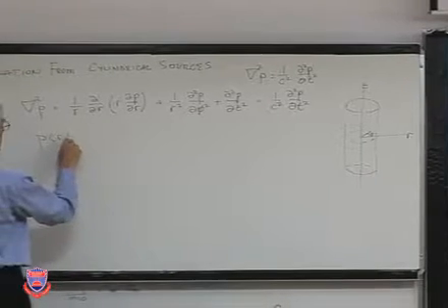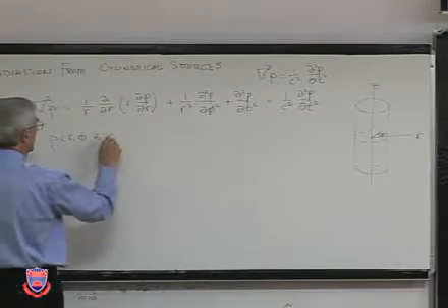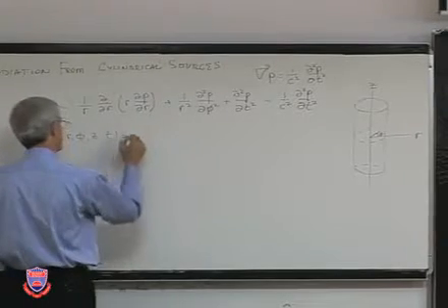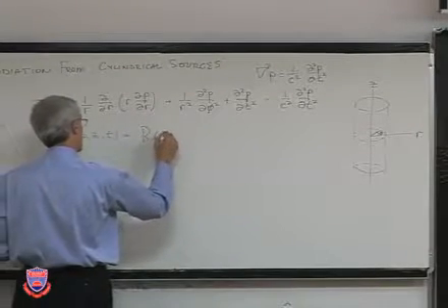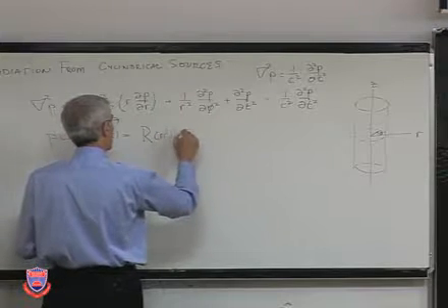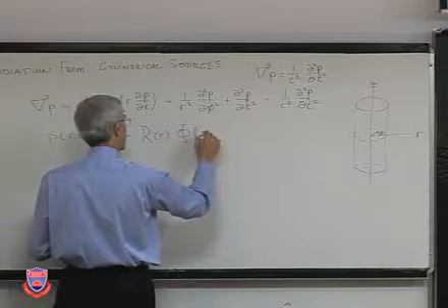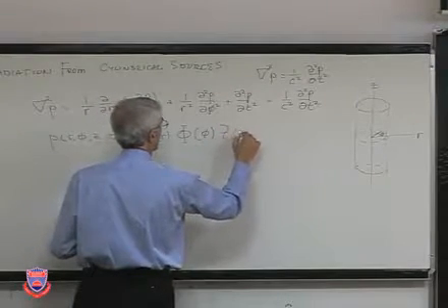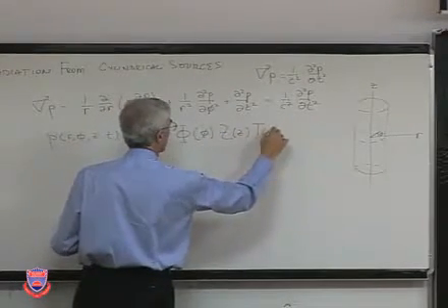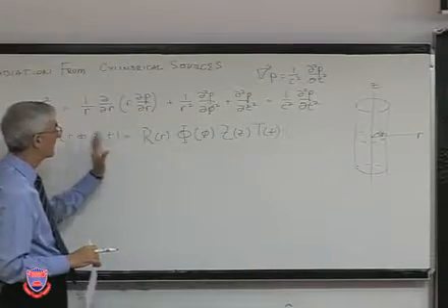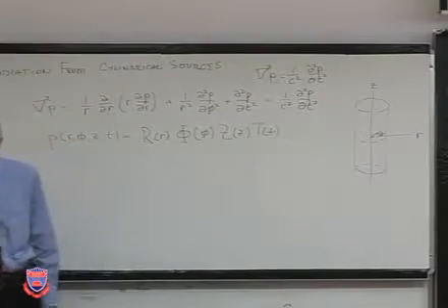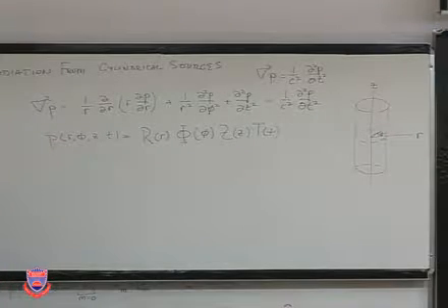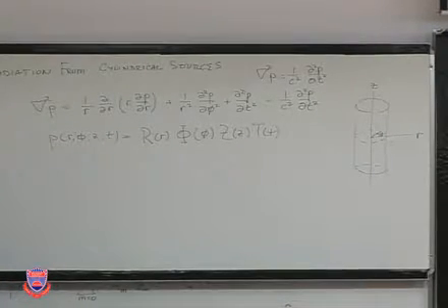We again use the separation of variables for r, phi, z, and time. And of course, as always, each of these functions depends on only one coordinate and time.